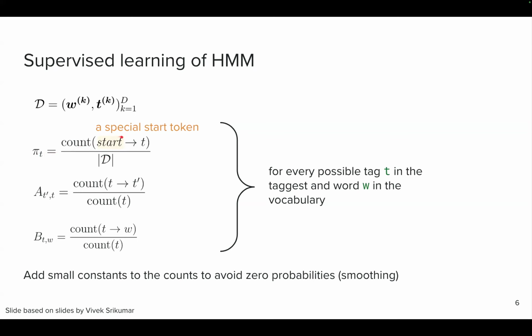We would check how many times we go from a start token to a part of speech tag T, divided by the number of instances in our labeled data. This is just to say how many times the first word in our instances in our data set starts with a certain part of speech tag.